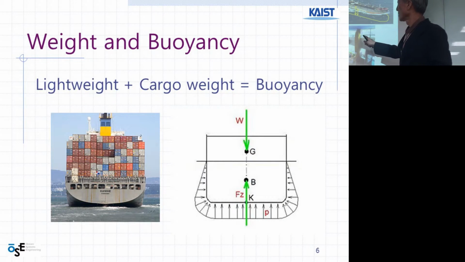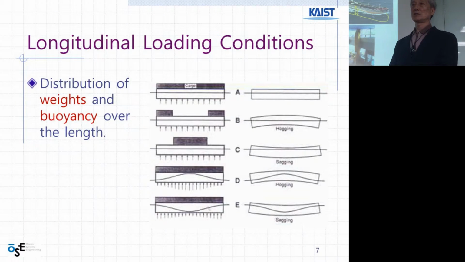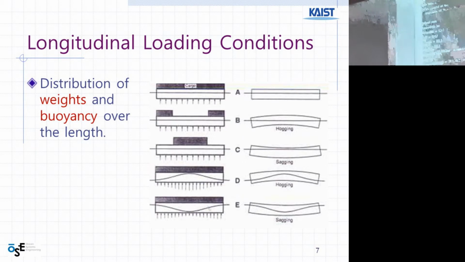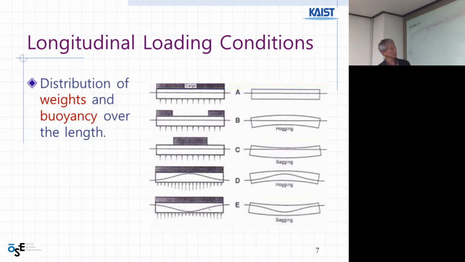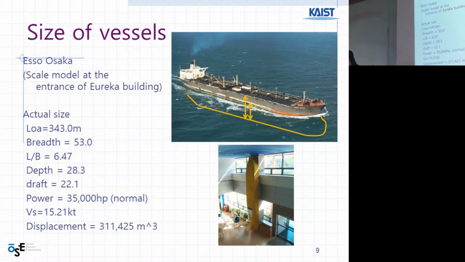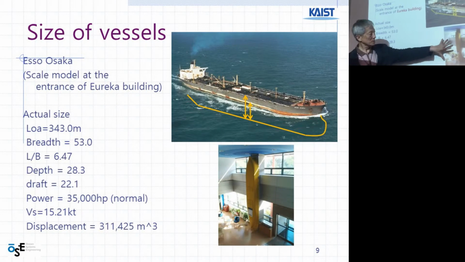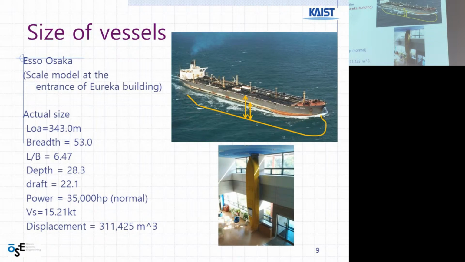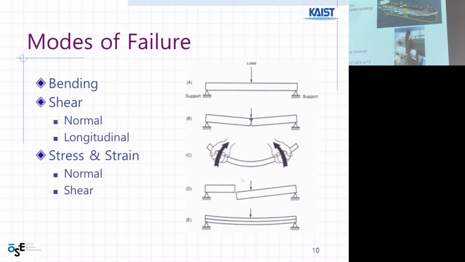That model is for the experiment in a towing tank. So the size of the vessel is very good. You see that scale factor? No, there's no scale factor. Probably that one is 8 or 9 meters long. If we say 10 meters long, then the scale can be 34. A big scale down.